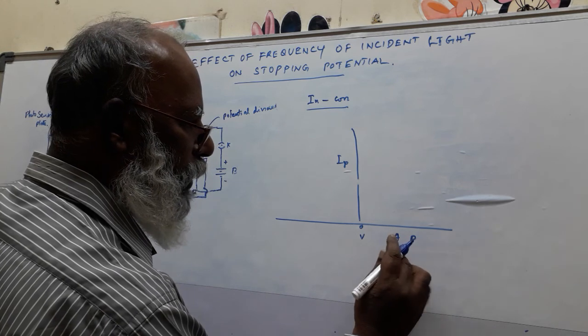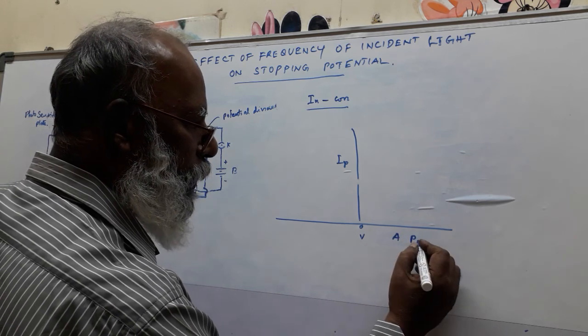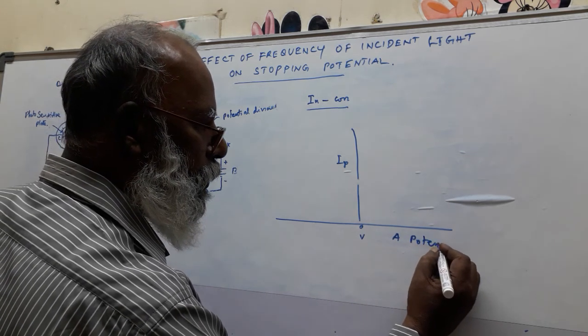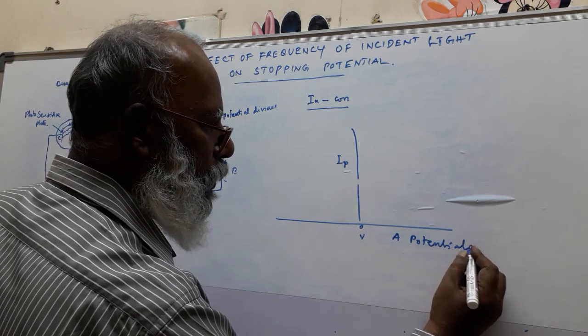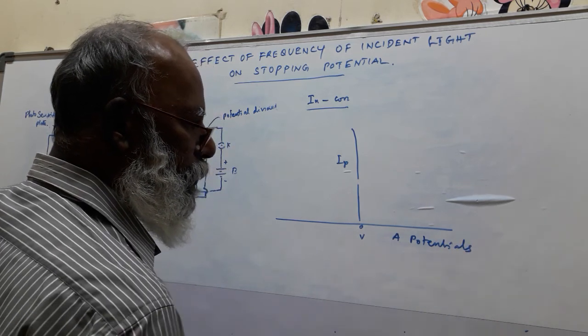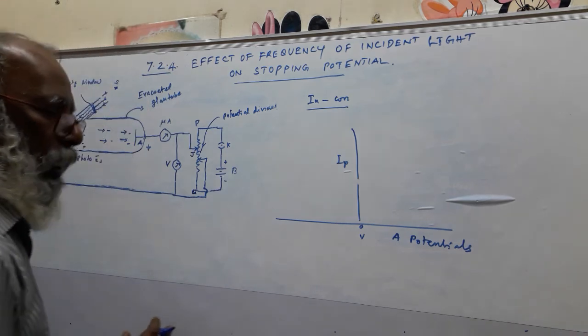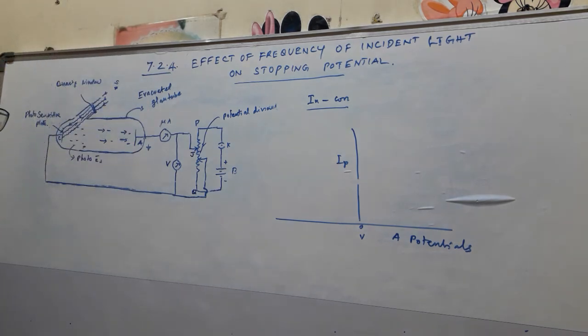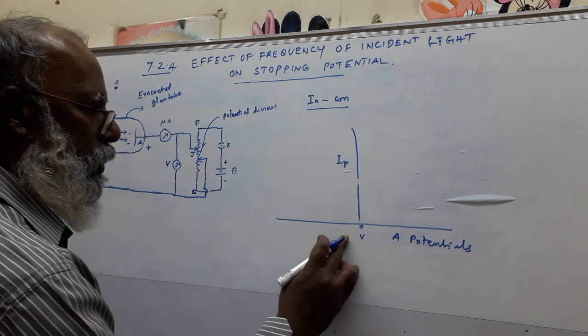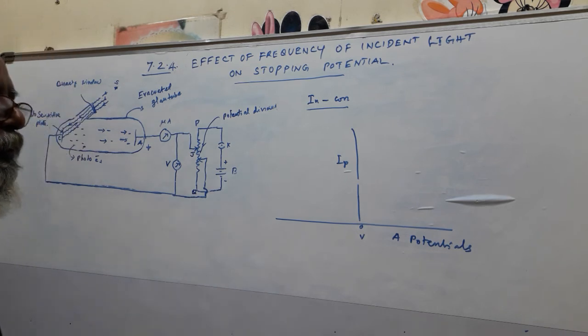Simply, we can say anode potential. Anode potential is nothing but collector potential. That is the positive side and this one is the negative side.